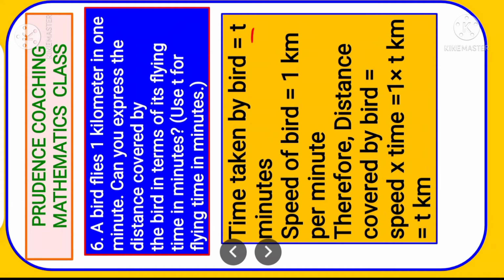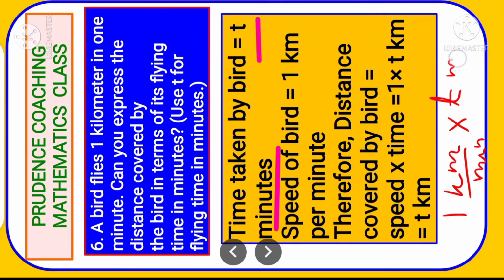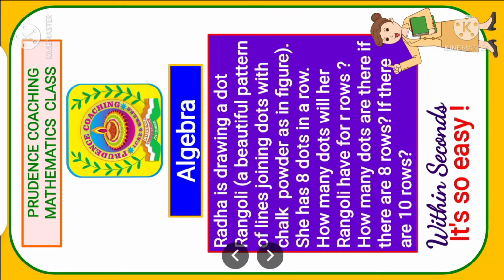Here the speed is 1 kilometer per minute, that means in a single minute the bird is flying 1 kilometer, into the time given in t minutes. This is also in minutes, so this minutes and this minutes will be cancelled. t into 1 you will get t, and the unit left is kilometer. So your final answer will be t kilometers, with sum number 7.